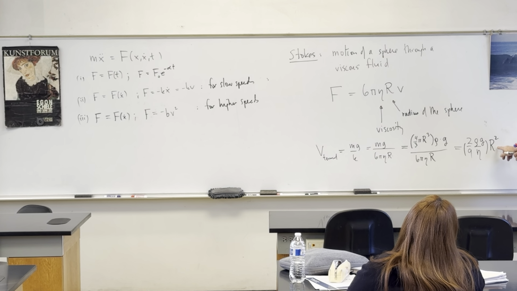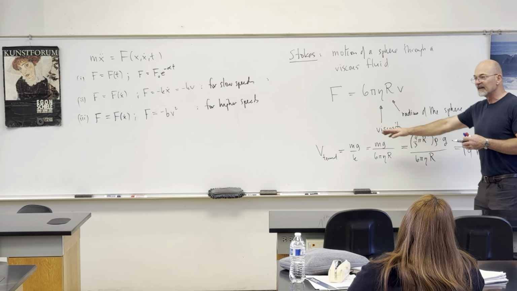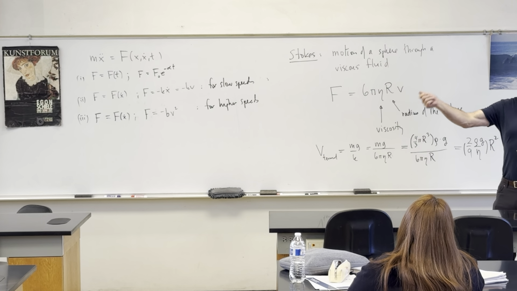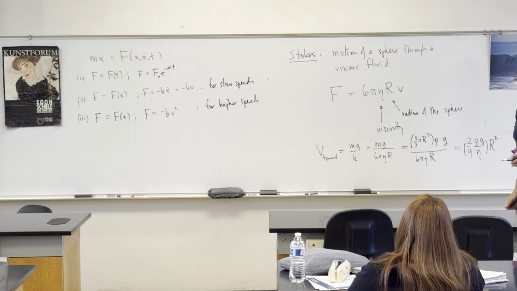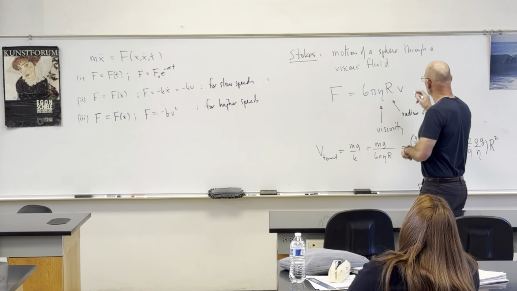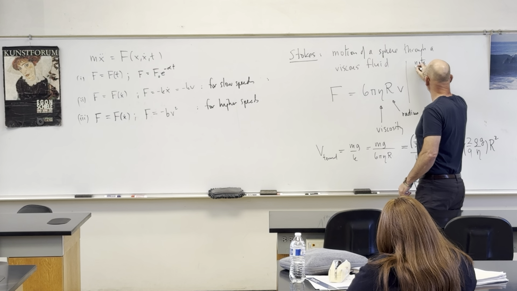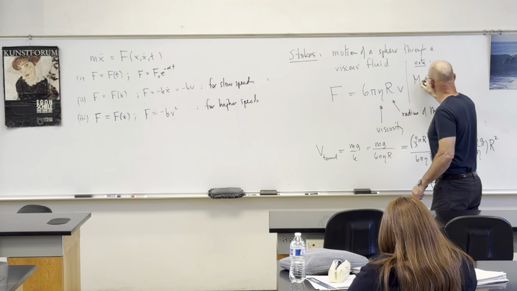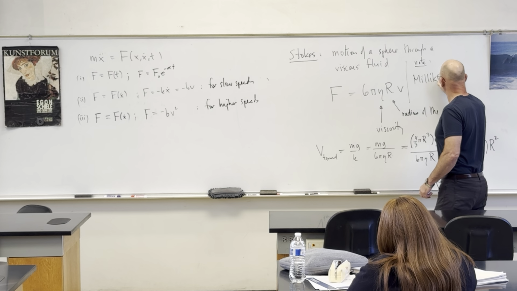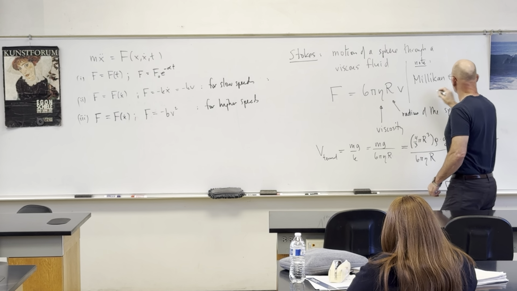I think what you do is you solve for the size of the oil drop and therefore its mass by using this, and then you dial in your electric field and figure out the charge on it. So I'm going to put here as a note as well: Millikan oil drop experiment.